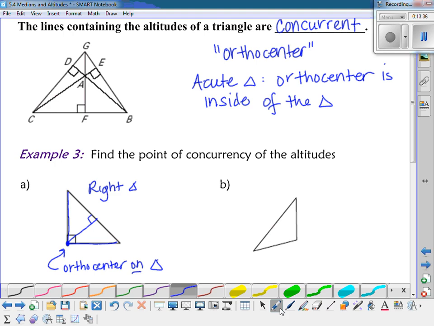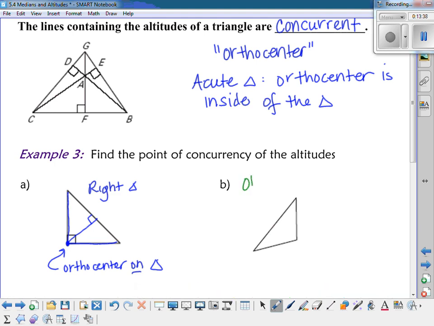Example B, I have an obtuse triangle. And like we mentioned, for our obtuse triangle, two of the altitudes end up being outside of the triangle. So the one that's inside, that's not too hard to find right there. But for the ones that are outside, I have to extend the side out here and find the altitude.